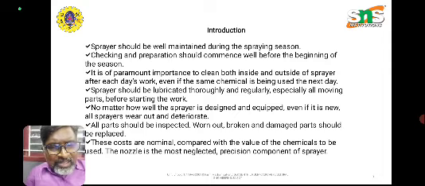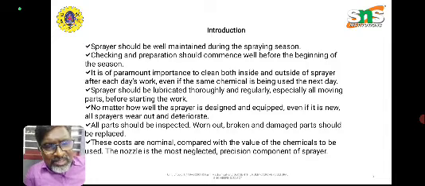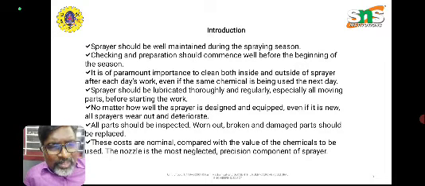All parts should be inspected, and worn out, broken, as well as damaged parts should be replaced regularly. That means when some parts get damaged or broken, it is necessary for us to replace the particular part. These costs are nominal compared with the value of the chemicals to be used.